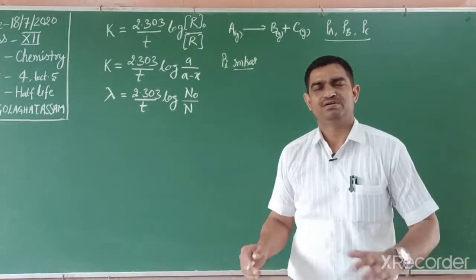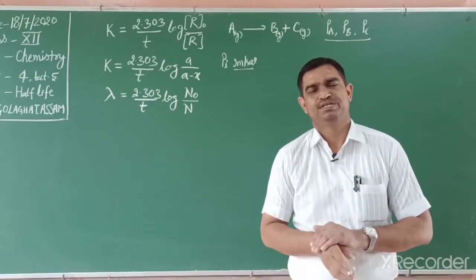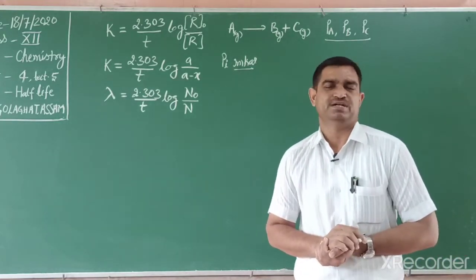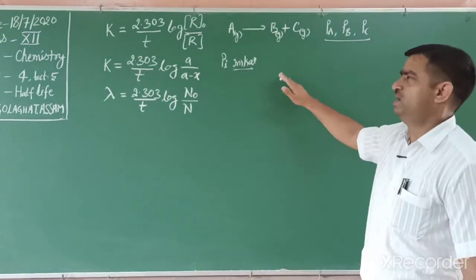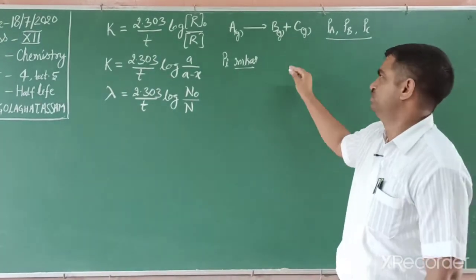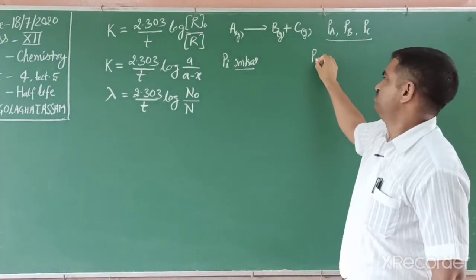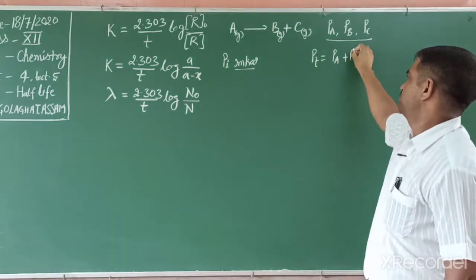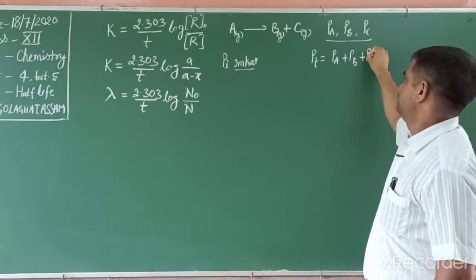According to Dalton's law of partial pressures, which we already studied in 11th class, how can we find the total pressure? It is the total sum of all the partial pressures of the components. We can write P total is equal to PA plus PB plus PC.